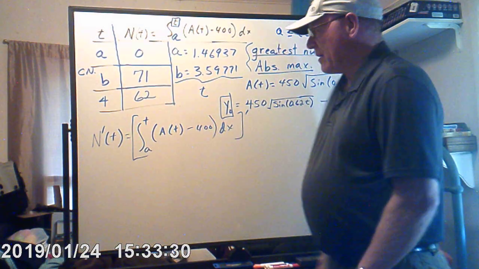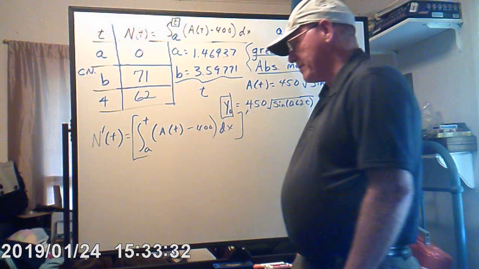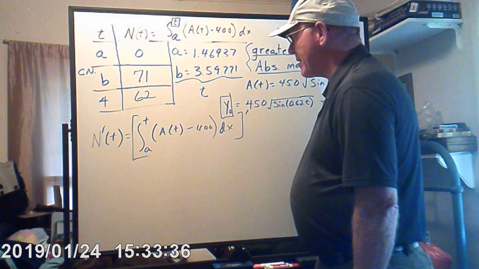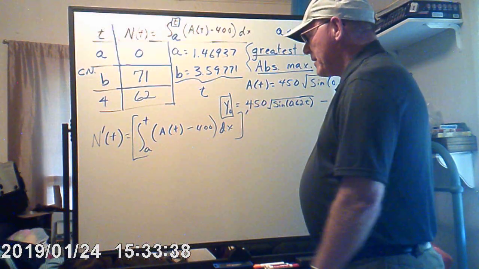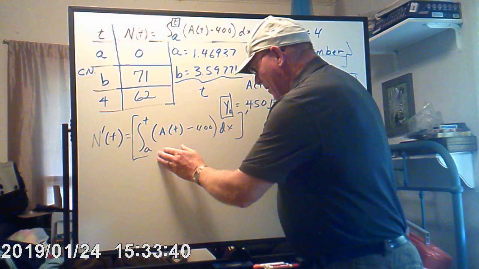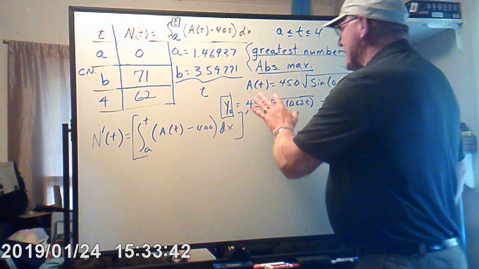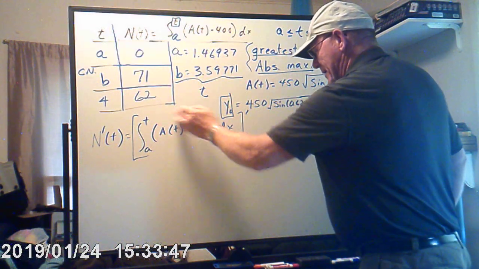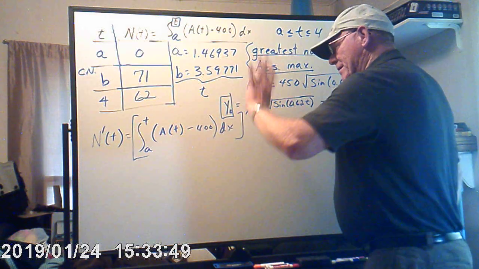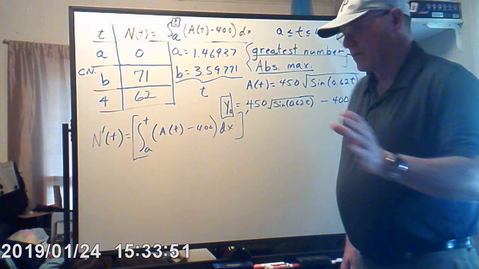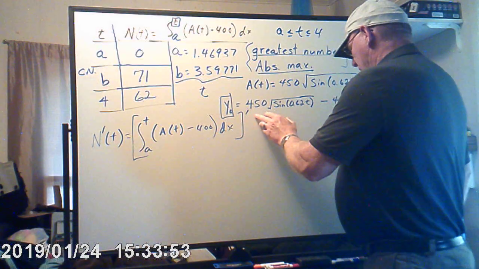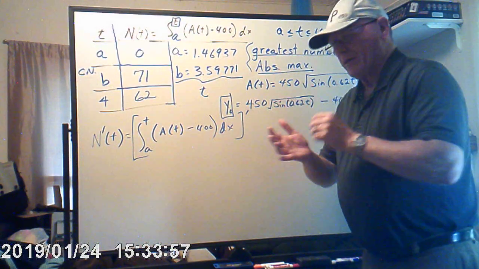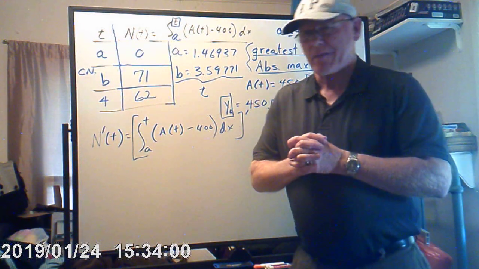Really, it's very difficult to do this by hand without a calculator handy anyway. So instead of typing all this out each and every time, you can just make this A at T and make this your Y sub 0 or Y sub 1, wherever it starts on your calculator. Put that in from the start, and then graph that and find the root, or in this case maybe the 0.